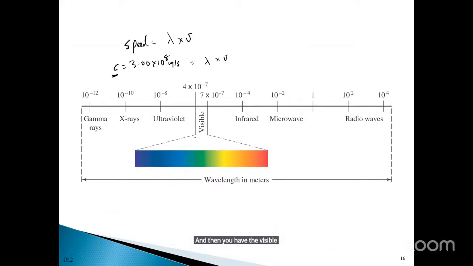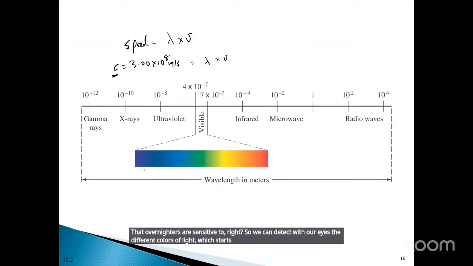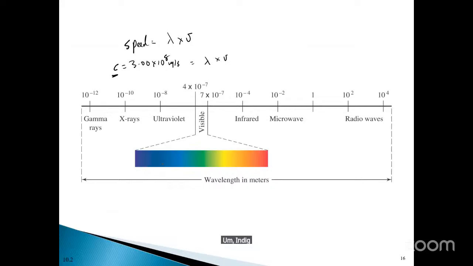Now the visible region is basically the different colors of light that our eyes are sensitive to, right? So we can detect with our eyes the different colors of light, which starts with violet, indigo, and blue, and it runs into green, and then yellow, and then orange, and then red.